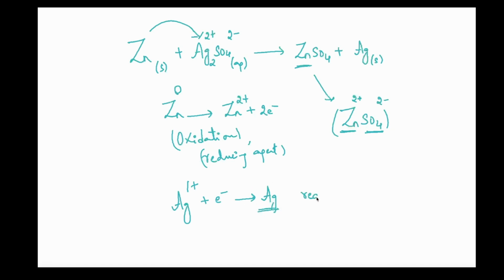Now because this has gained electrons, this is the reduction half reaction of this entire reaction. Silver is again the oxidizing agent because it is trying to oxidize the other atom, which is zinc. This is another example of a redox reaction where we see both oxidation and reduction simultaneously taking place.